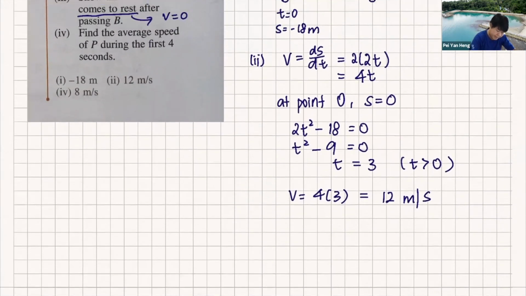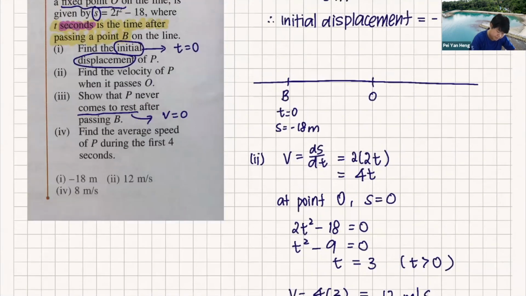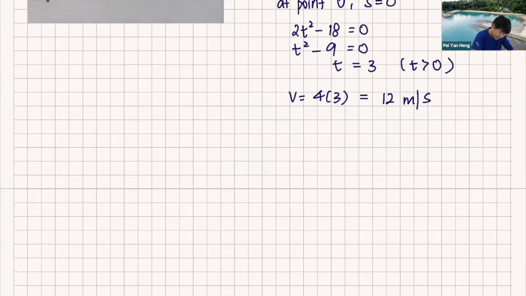So for part 3, there's no space here, so I'm going to shift down a bit. For part 3, when the particle is at rest, v = 0.